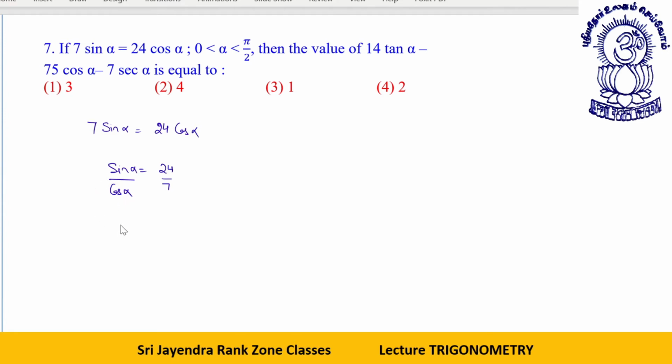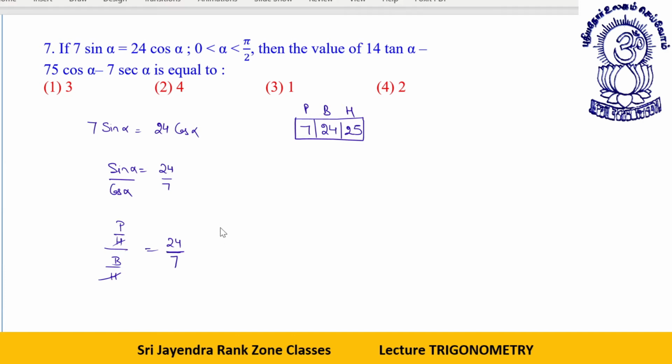Tan alpha means P by B. It will be actually P by H, B by H, but H and H cancel. So this gives you 24 and 7. We already know a Pythagoras triplet 7, 24, 25. Perpendicular, base, hypotenuse. Okay. P by B is equal to 24 by 7.